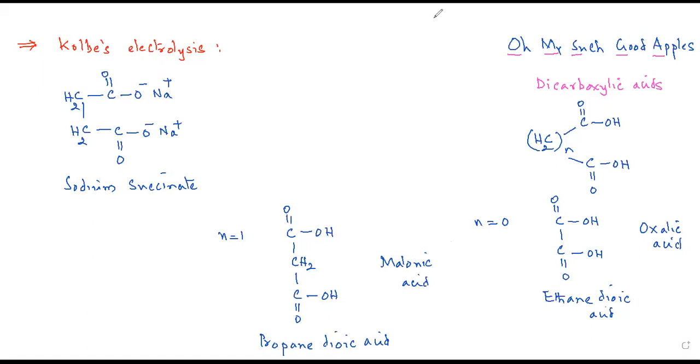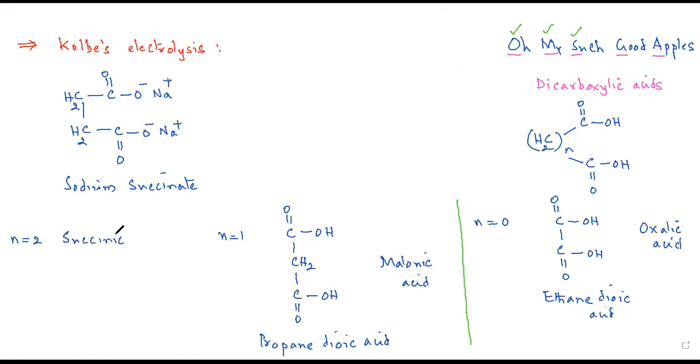So this way, we can give the dicarboxylic acid. This is oxalic, this is malonic, and now you got succinic acid here. Succinic is n equal to 2, butane dioic acid.